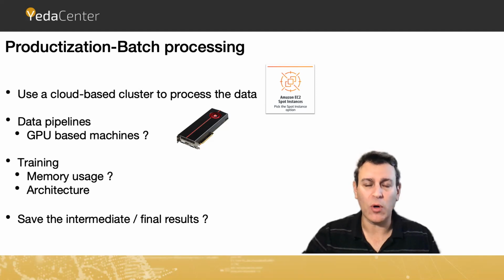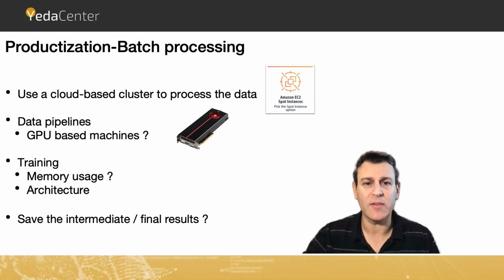Then you'll need core nodes or task nodes, which will usually process the data. They will run your filtering, normalization of the data, and even the modeling of your machine learning model. And I really recommend you to use some spot instances in your cloud provider.